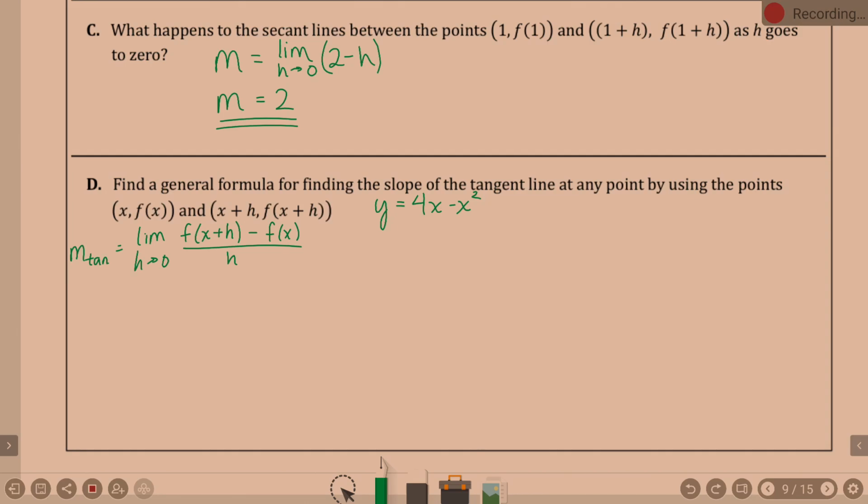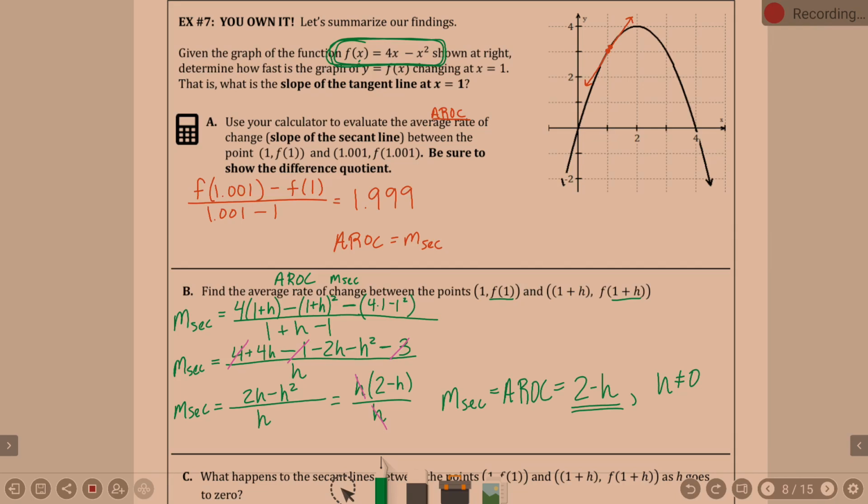So, the limit as h approaches 0. Okay, f of x plus h again. Can you kind of just copy from part B? Because this is very similar to what we just did here, right? Except instead of 1 plus h, I'm now using x plus h.